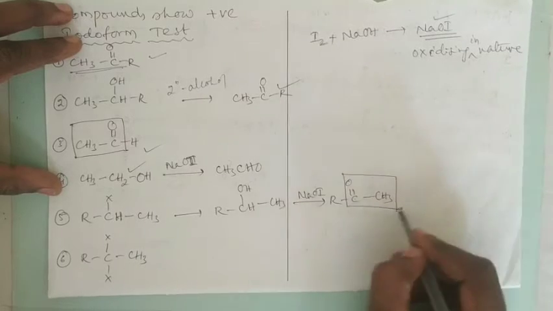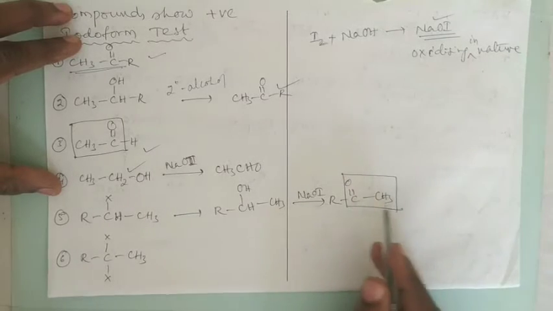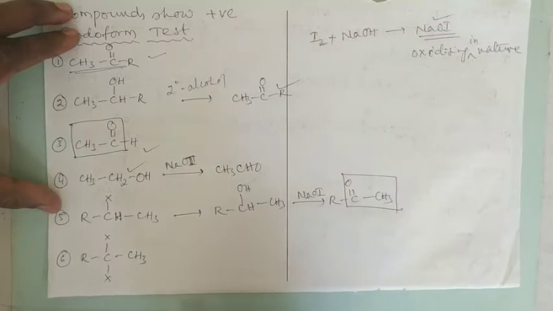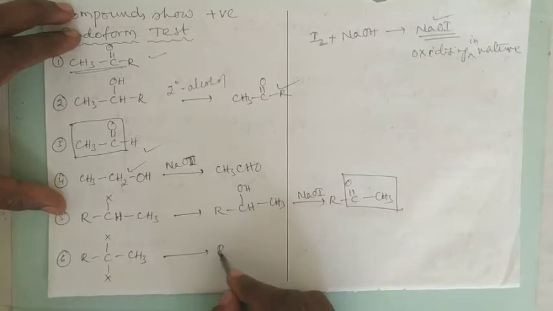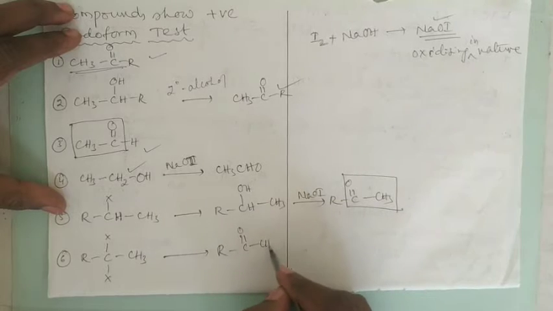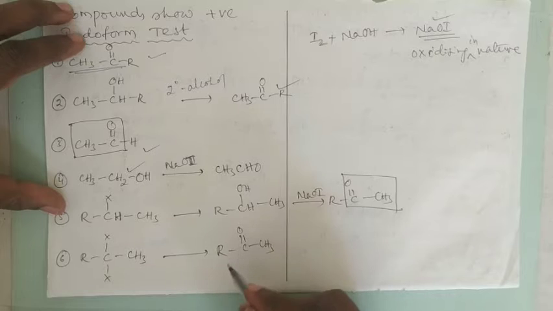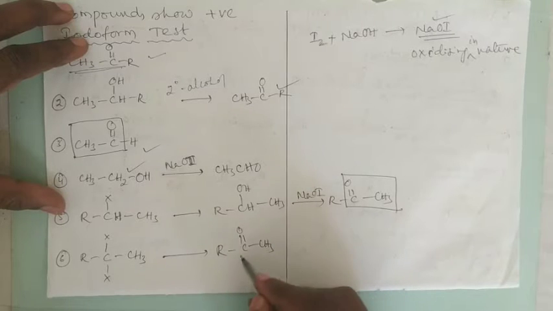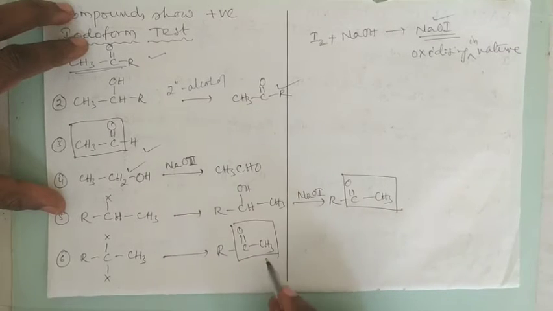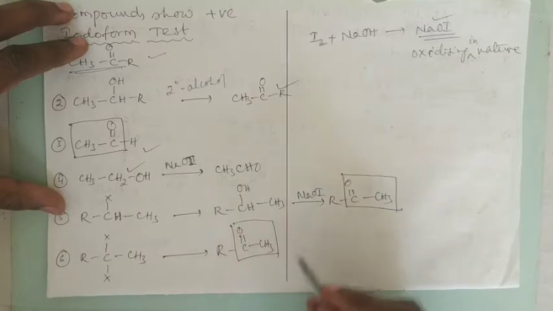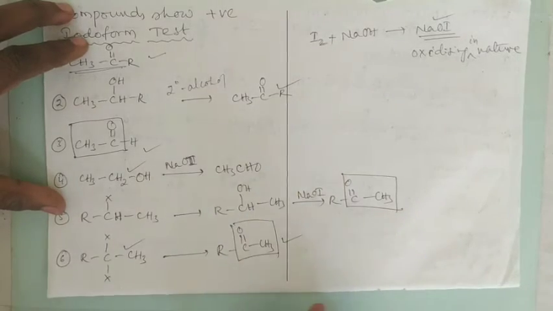Due to the methyl ketone group, it also shows the iodoform test. The compound RCX2-CH3 also hydrolyzes to form a dihydroxy compound, which by losing one mole of water becomes a methyl ketone. Therefore it also shows the iodoform test.